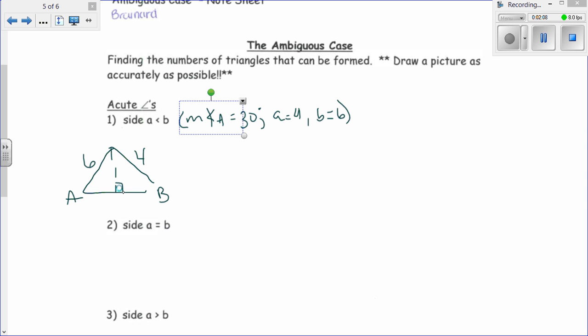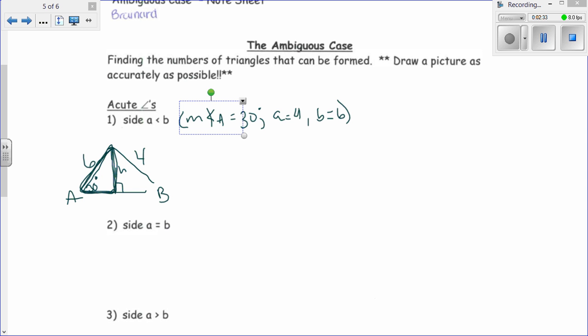and figure that out. Well, A is 30 degrees. Remember I said A was 30 degrees. So I need to figure out what my height is. So I'm going to look at this little triangle right here inside my triangle that's not really drawn.